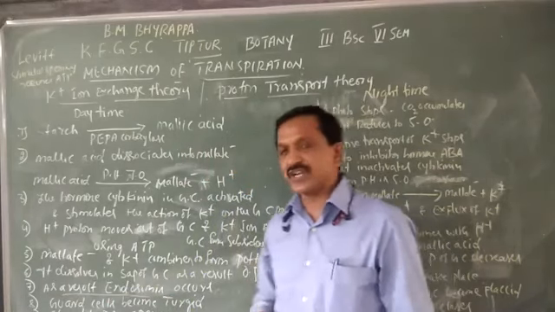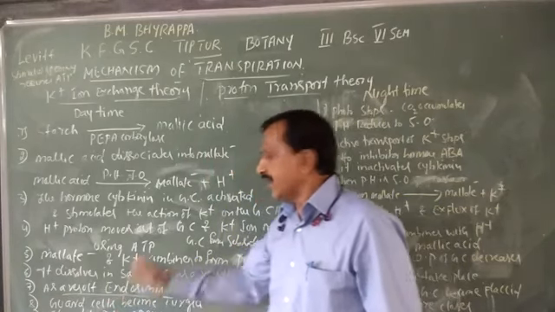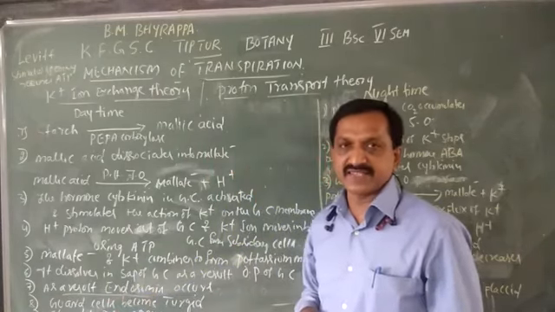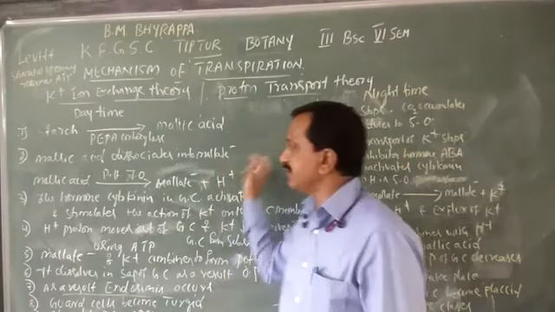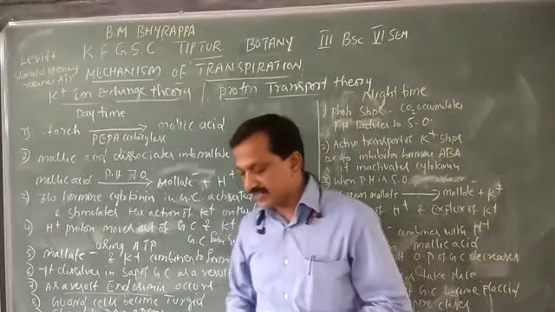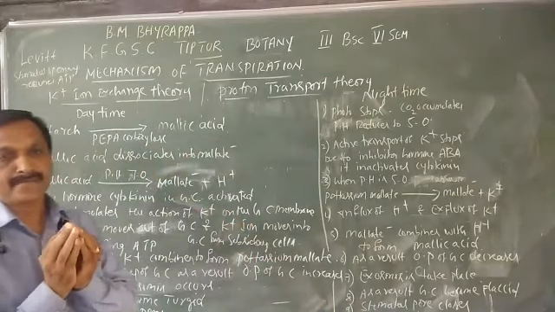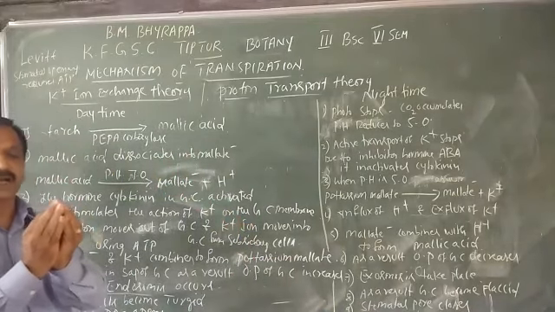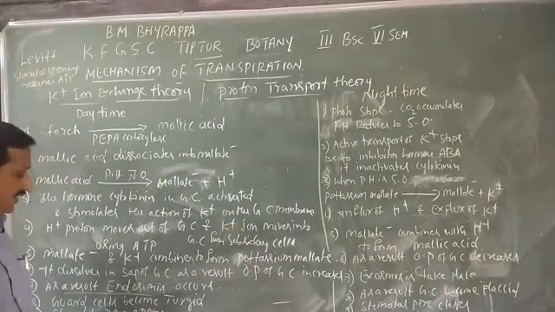Once the osmotic potential of the guard cell increases, endosmosis takes place. That means the water which is present inside the subsidiary cells will move into the guard cells. As a result, the guard cell becomes turgid, the stomatal pore opens and transpiration takes place.